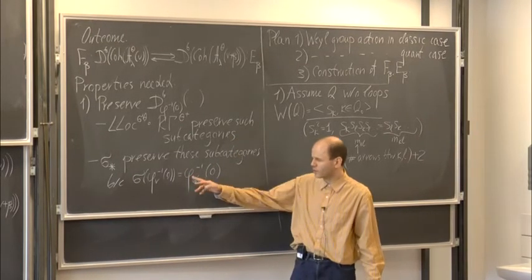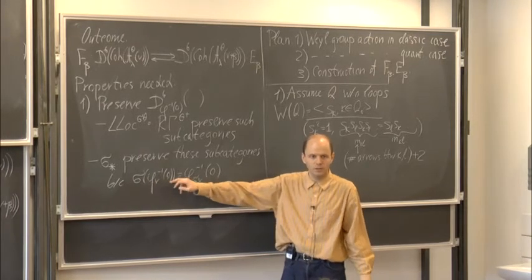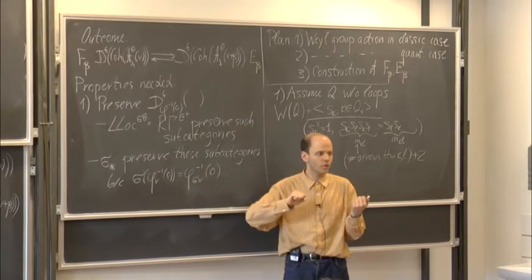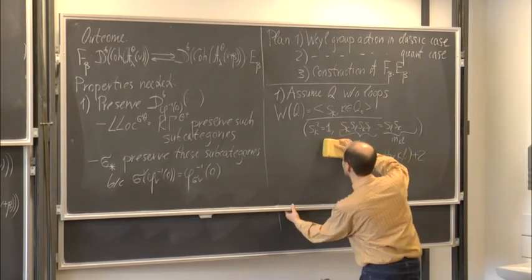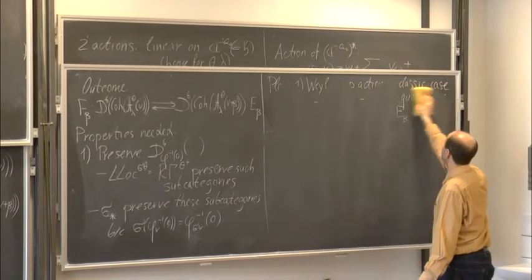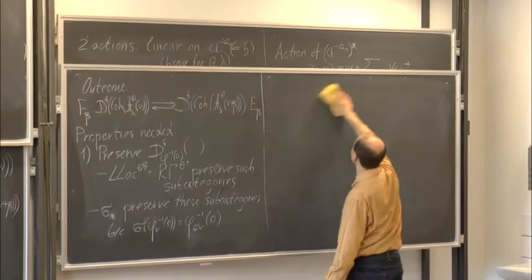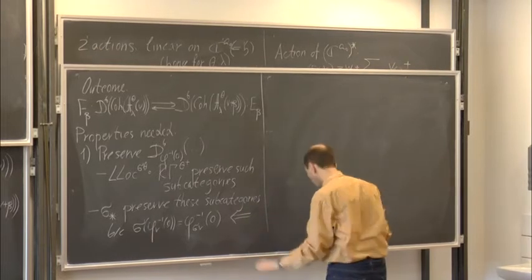And this property just follows because this Lagrangian subvariety is determined uniquely from the Q variety. So let me elaborate on this. So this follows from the following observation.